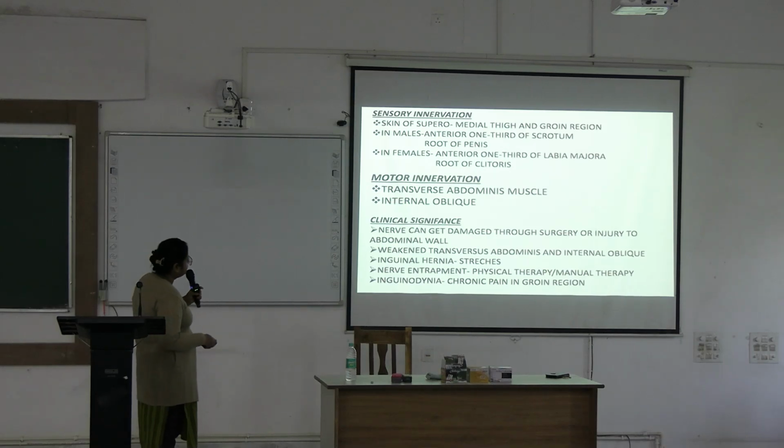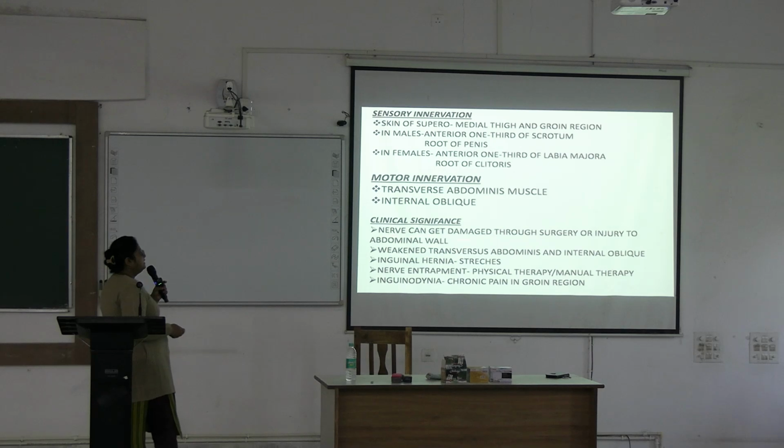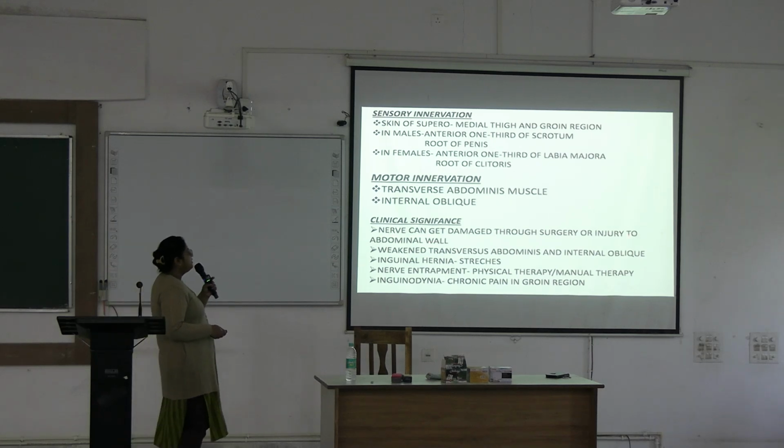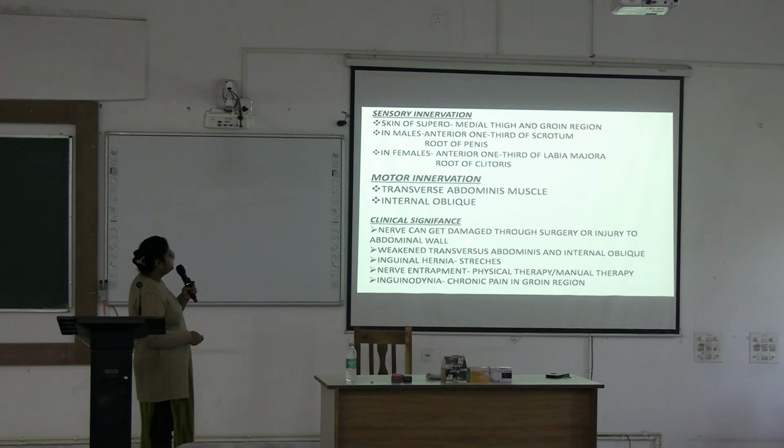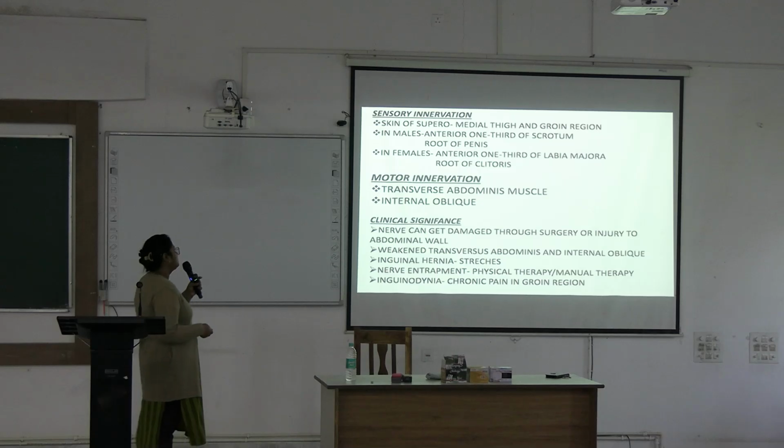What will be the clinical significance? This nerve can get damaged through surgery or injury to the abdominal wall, and this will lead to weakness of these two muscles, transversus abdominis and internal oblique. And inguinal hernia stretches this nerve, and there will be pain in this supplying area.